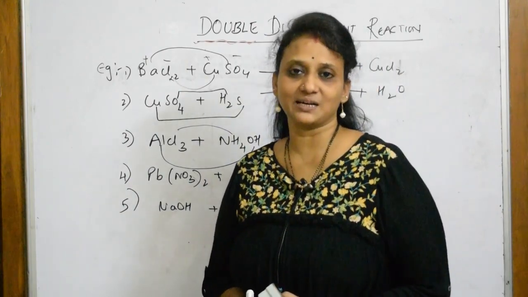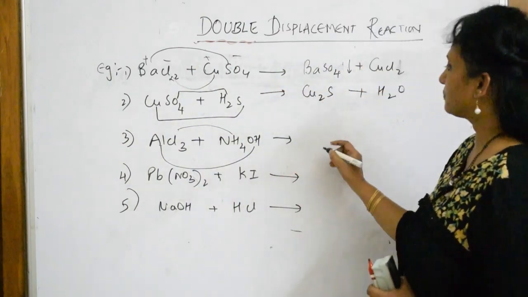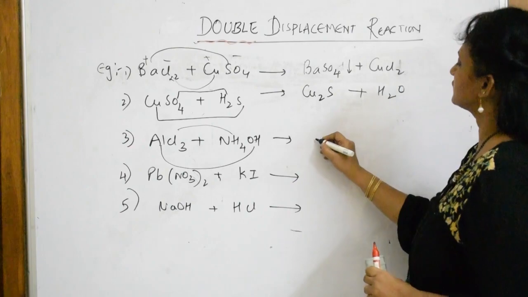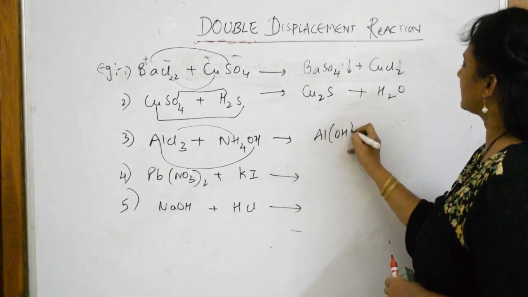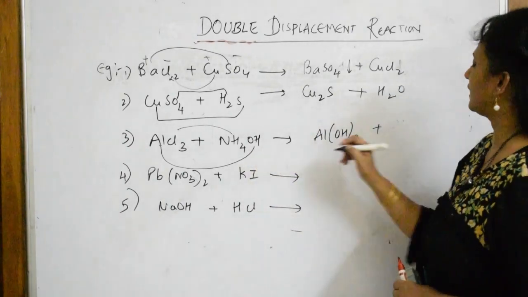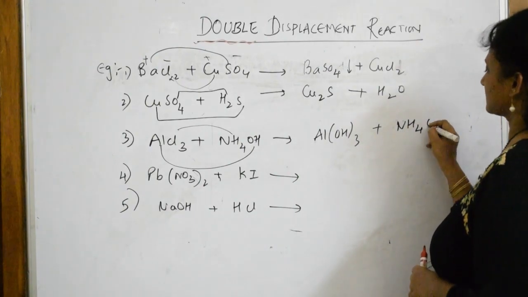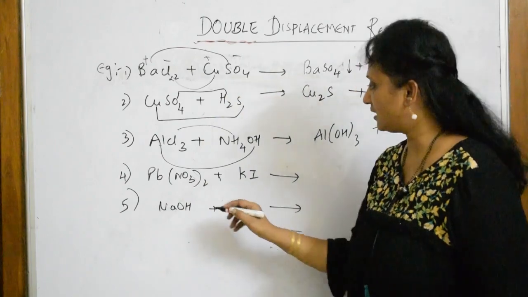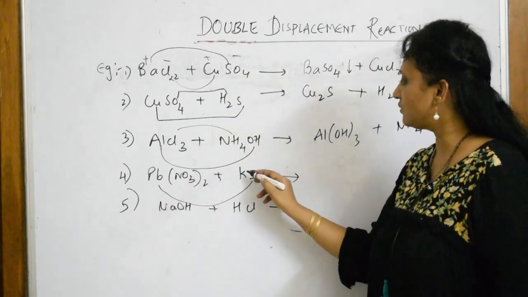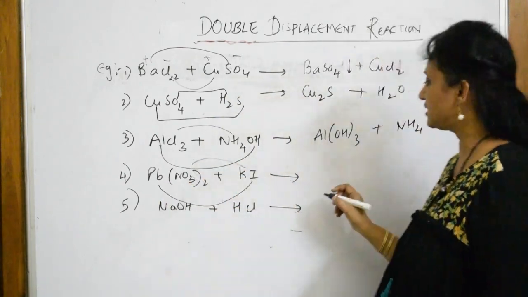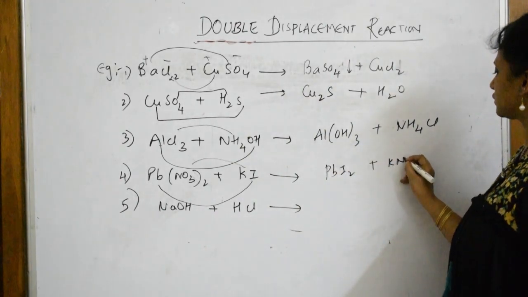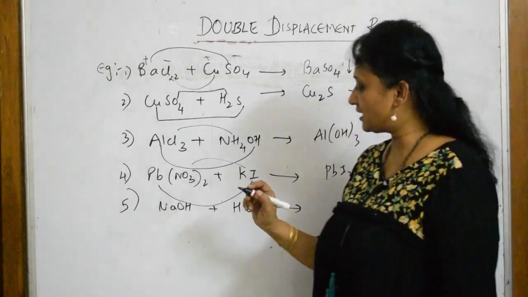You need to practice the balancing by yourself. So what product do I get? I am going to get aluminium hydroxide, a gelatinous precipitate, and ammonium chloride. Simple. Let us do one more. Lead nitrate and potassium iodide. Again, lead combines with iodine, potassium combines with nitrate, forming PbI2, lead iodide, plus potassium nitrate. Simple, isn't it?